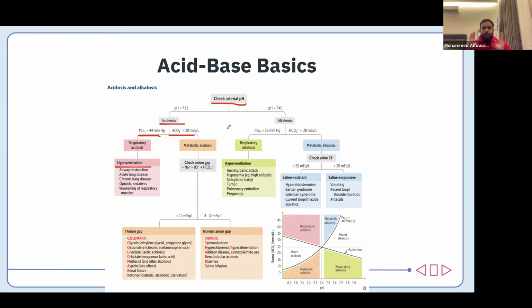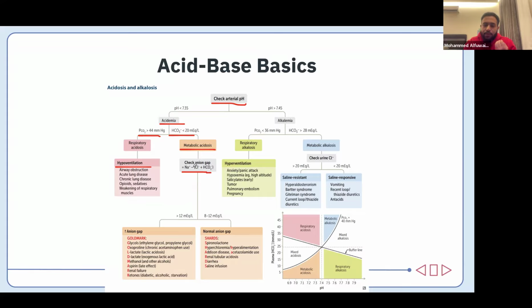The way I want you to think about metabolic acidosis is that either you have high hydrogen, which in itself comes in multiple forms, you just have high acid, or you have low bicarb, or both. So now, how do you assess what type of metabolic acidosis this patient has? By checking the anion gap.